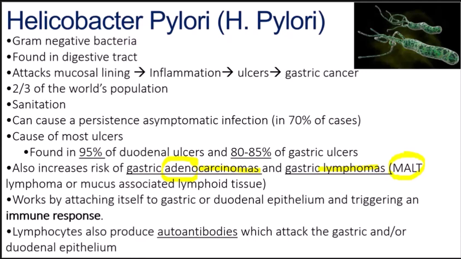Simply not washing your hands after using the bathroom can increase the risk that you will infect yourself, or say not washing your hands before consuming food, then you are increasing the risk that H. pylori can enter your body. And as I've already mentioned, a lot of people can fight off the infection. Some people it will be kept at bay, whereas others will develop symptoms which can lead to a worse prognosis if it's not treated successfully.